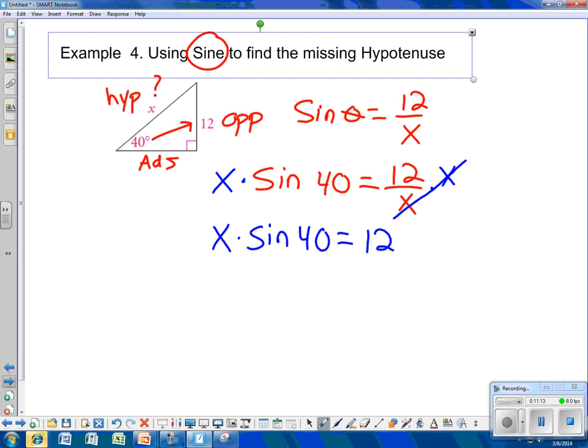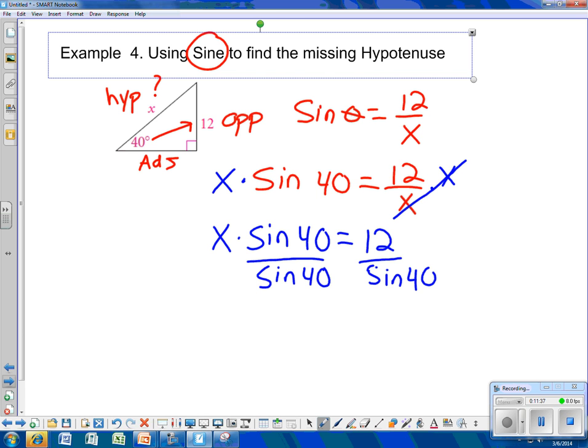Now, in order to finish solving this problem to get x by itself, we're going to have to divide by that sine 40 on both sides. So from the previous examples, we ended up multiplying our two values together. This time we ended up dividing.